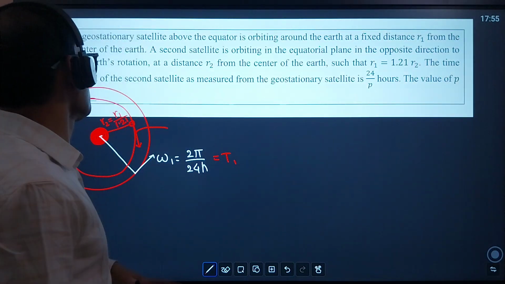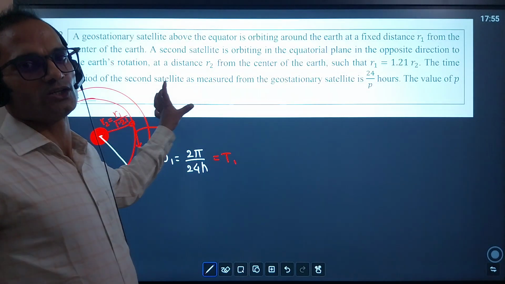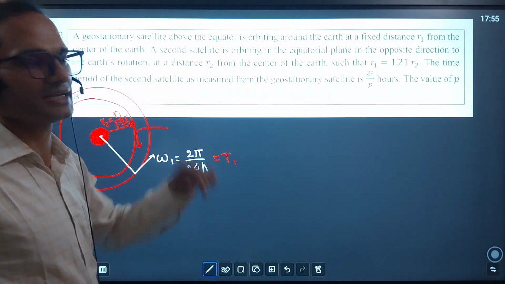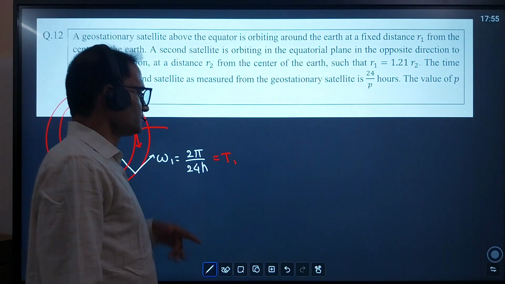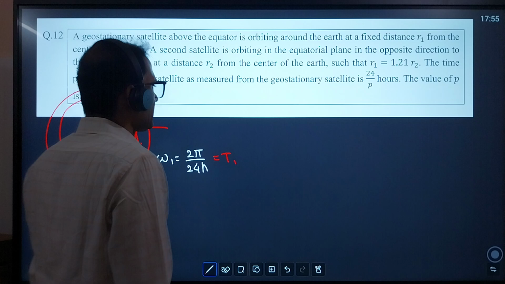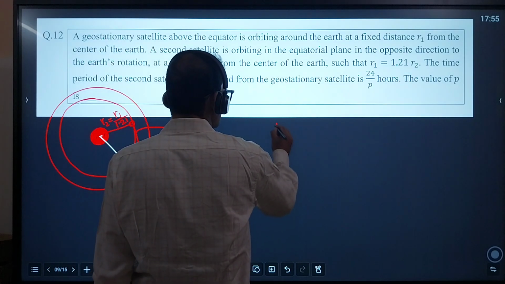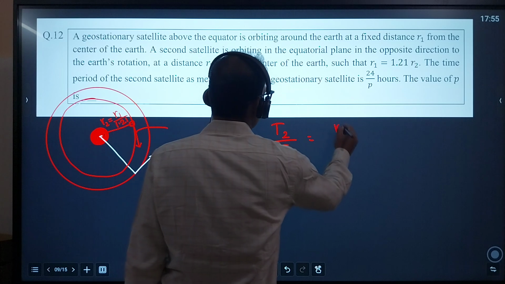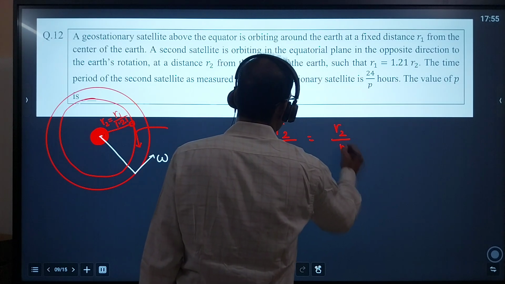First we have to find the angular velocity, or time period, of this satellite also, then we will do our calculation. The time period t2 by t1 can be found using this formula.